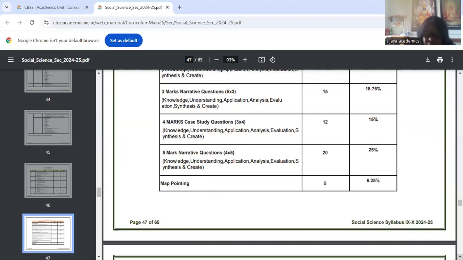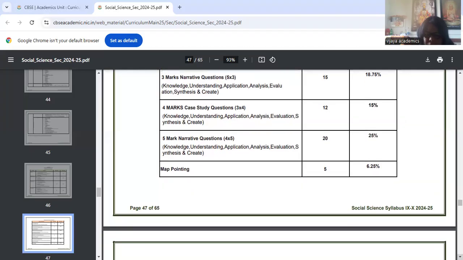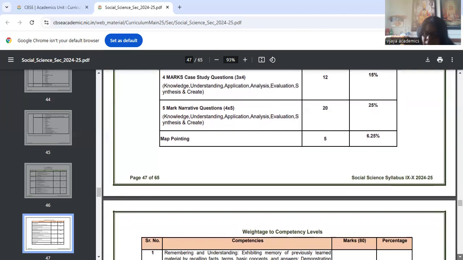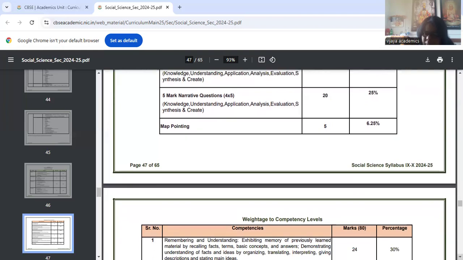Case study questions, 3 multiplied by 4, 12 marks, 15%. Narrative questions, 4 multiplied by 5, 20 marks, 25%. And then map pointing, 5 marks, that is 6.25%.